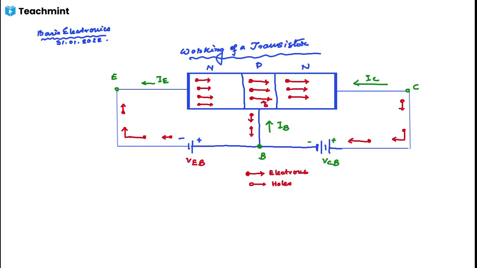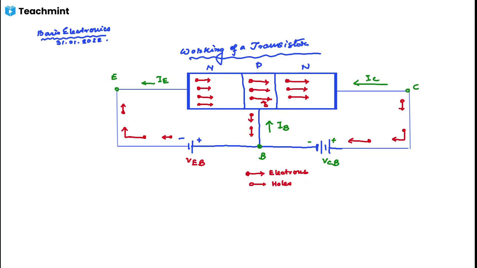So to understand the working of a transistor, we consider an NPN transistor which is biased for active operation. That means the emitter base junction is forward biased by the battery VEB, and the collector base junction is reverse biased by the battery VCB.